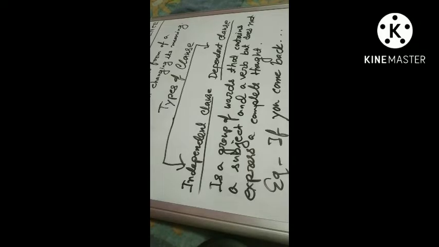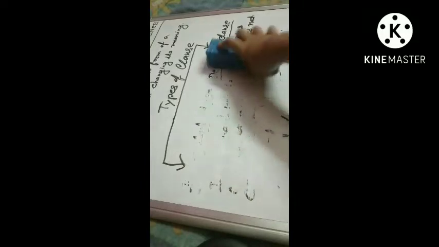Now we understand that an independent clause is independent, it doesn't need anyone to express its thought, and a dependent clause always needs another independent clause to complete its thought. So now it's clear what is dependent and independent clause.